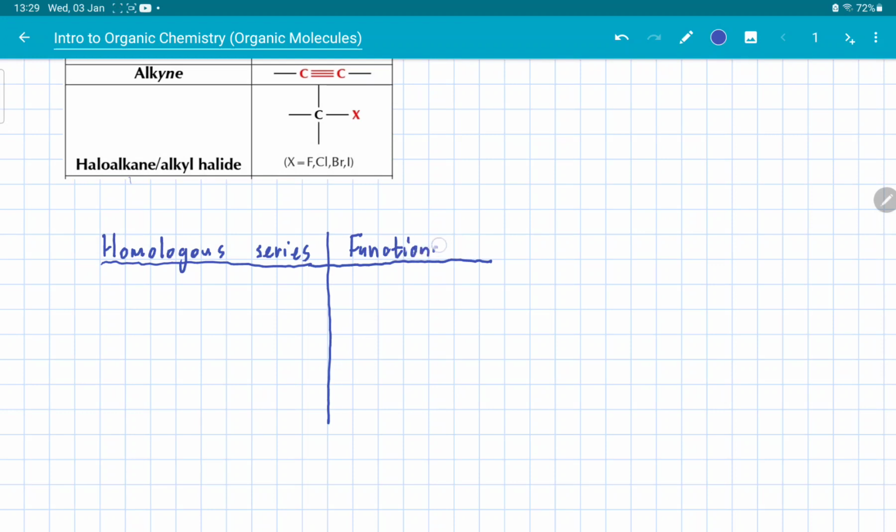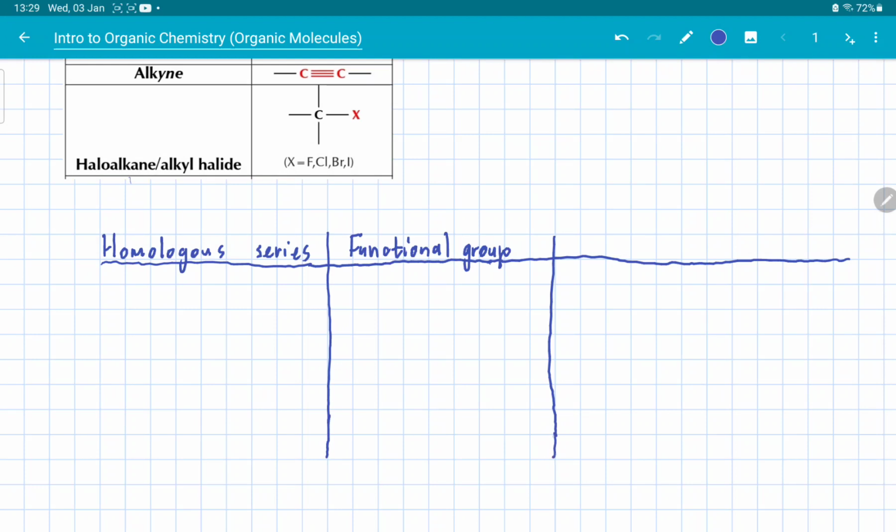If ever you forget the homologous series, the functional group, you can pause and go back and check, but I will repeat it for our purposes.